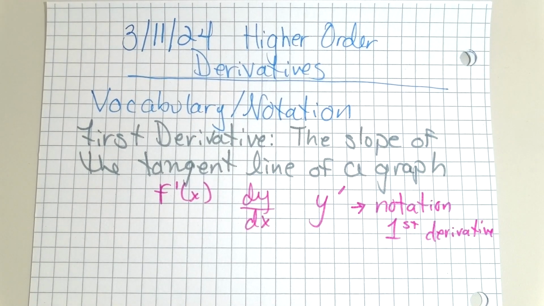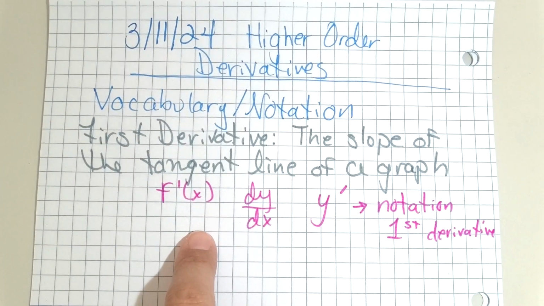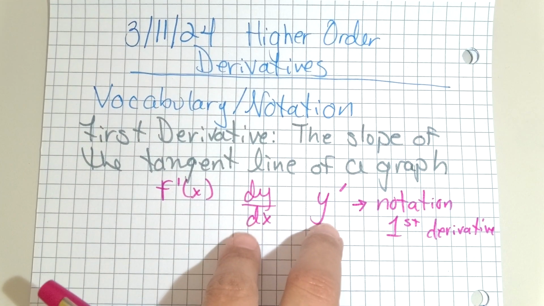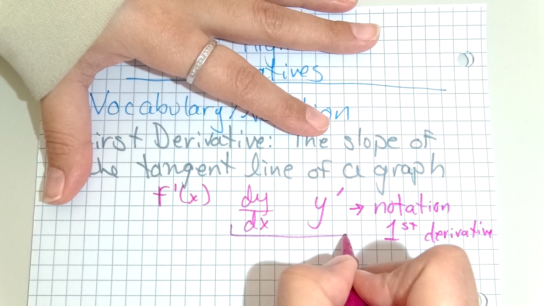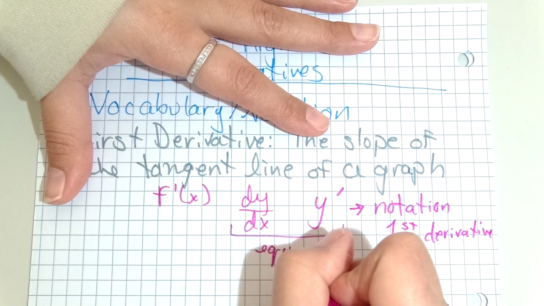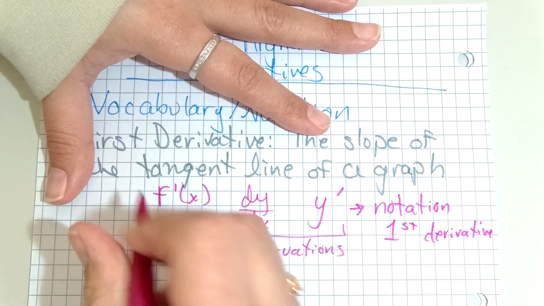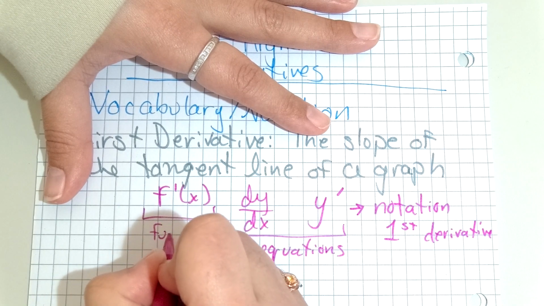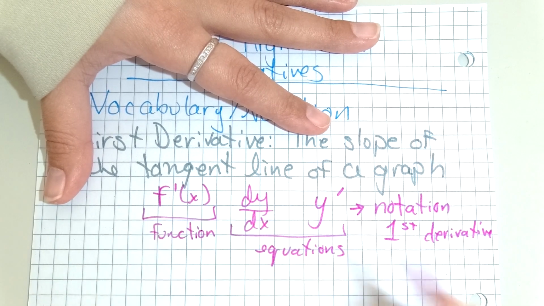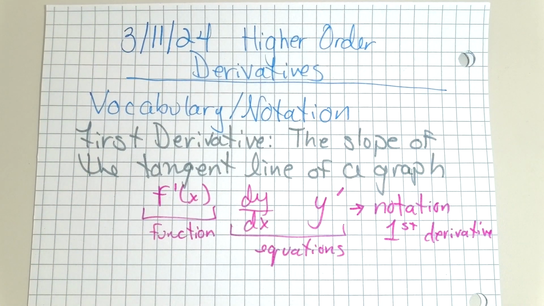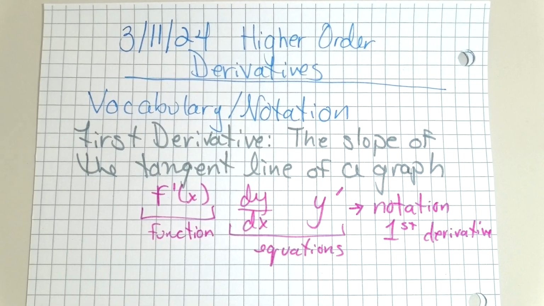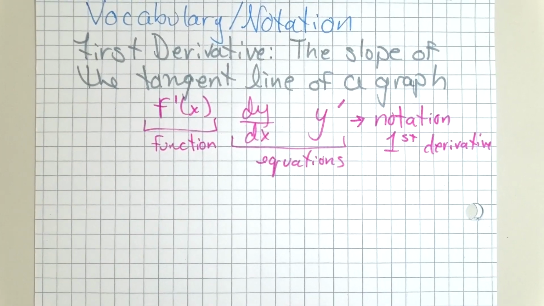So remember, depending on what we have, if we have a function, we use this. If we have an equation, we use these two. So this is for equations. And this is for a function. Remember, you cannot interchange the two. So if you start with a function, your derivative notation has to be in function notation. If you have an equation, it has to be an equation notation. Hey, that rhymed.